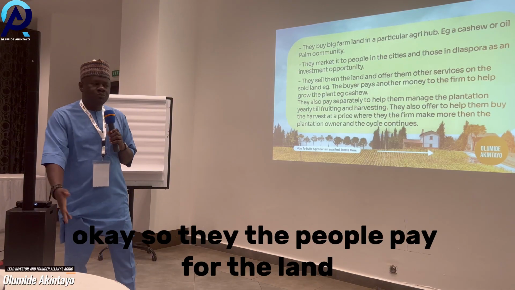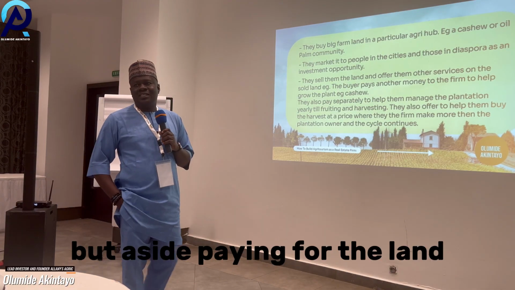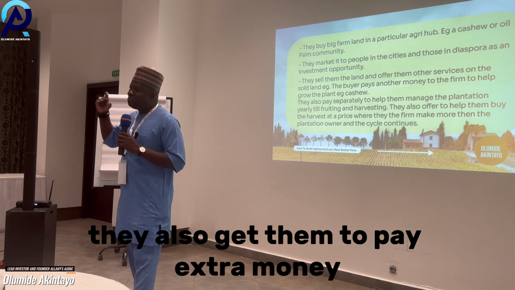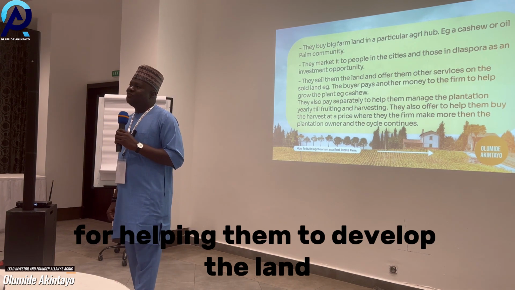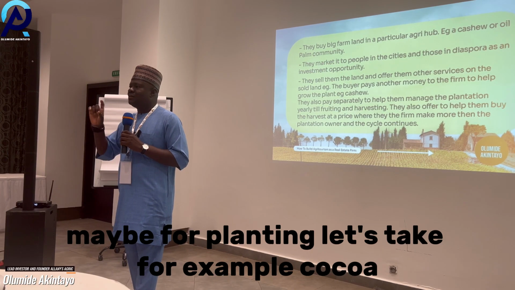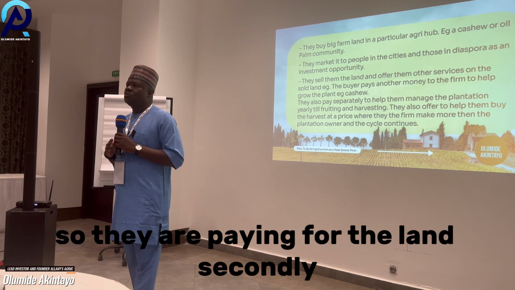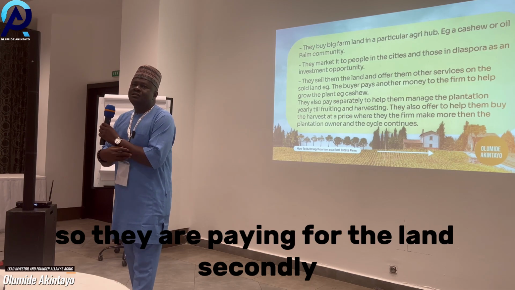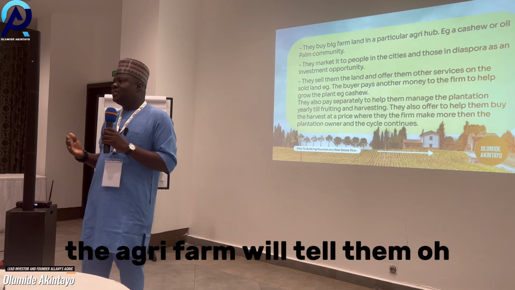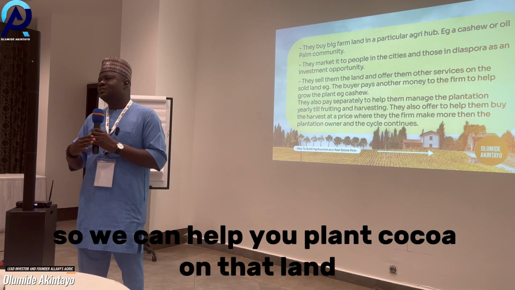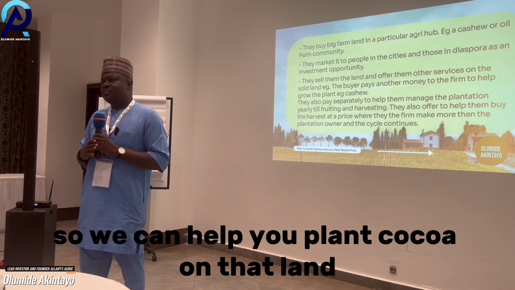So the people pay for the land. But aside from paying for the land, they also get them to pay extra money for helping them to develop the land, maybe for planting. Let's take, for example, cocoa. So they are paying for the land. Secondly, the agric farm will tell them, oh, we can also help you plant. This place is a cocoa hub, so we can help you plant cocoa on that land.